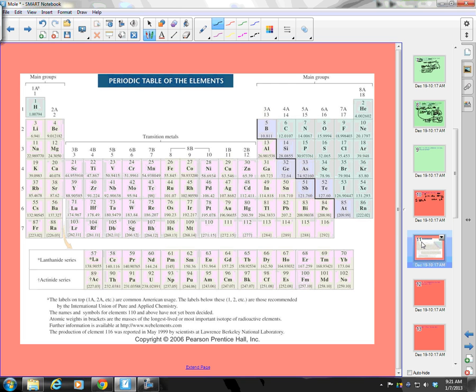Here's the cool thing. See these little numbers here? Let's look at zinc. See zinc? It says 65.39. Well, that's the molar mass of zinc. My average atomic mass of an atom equals the molar mass of that atom. Okay? So we're looking at gold.